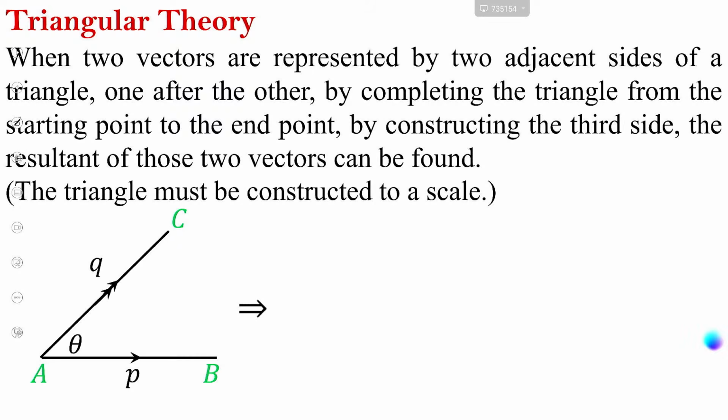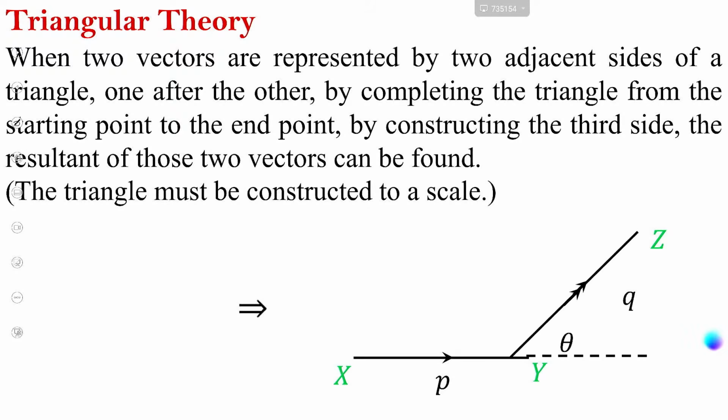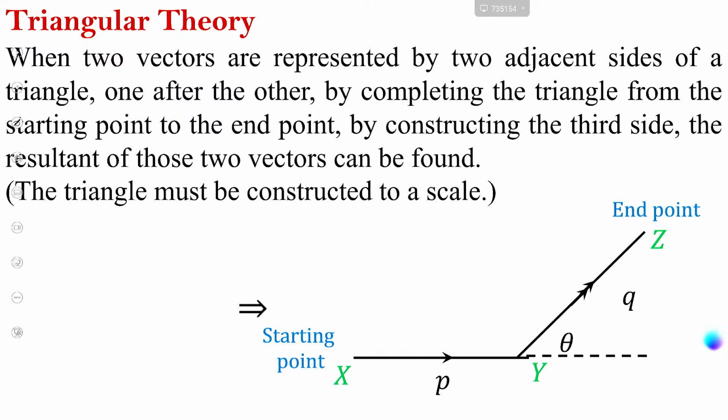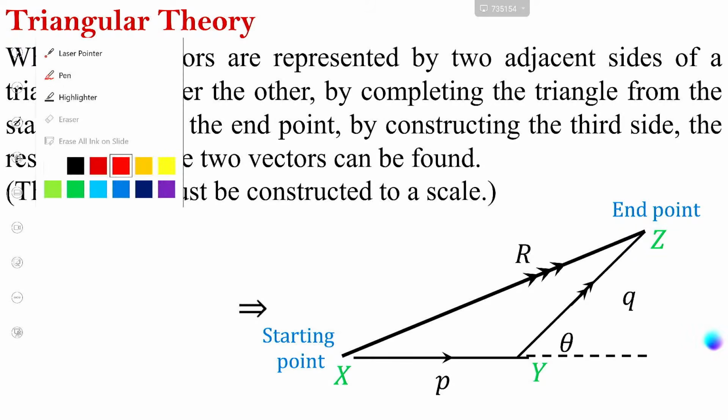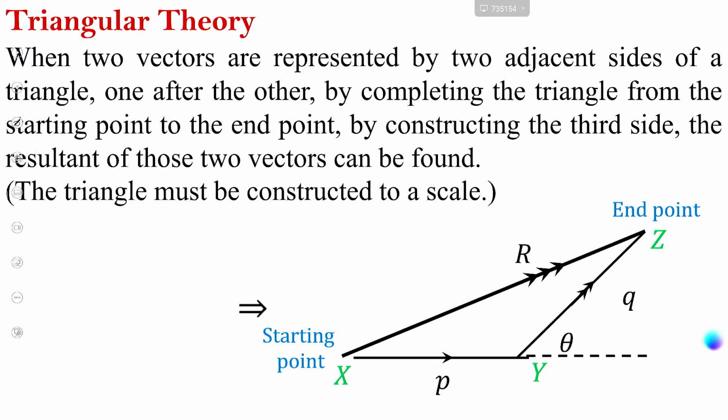First of all, AB is drawn, and then we draw vector PQ. And now we connect the starting point to the end point.